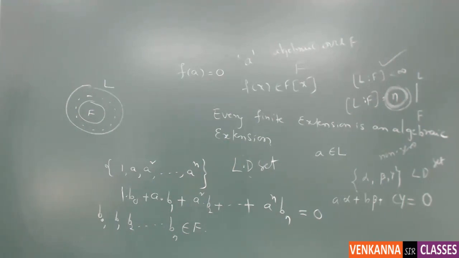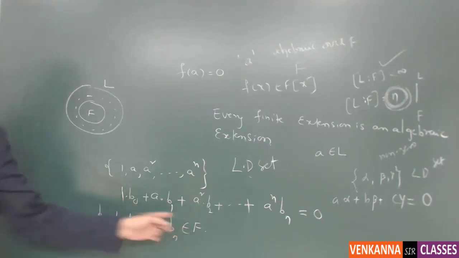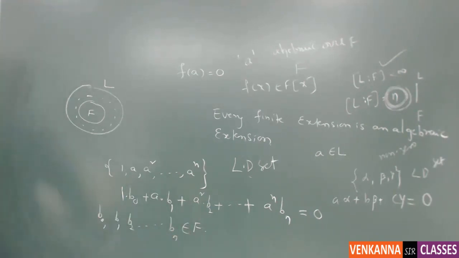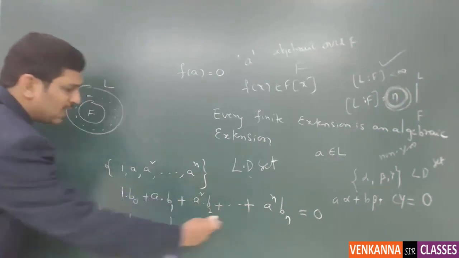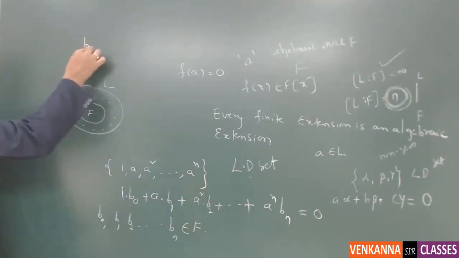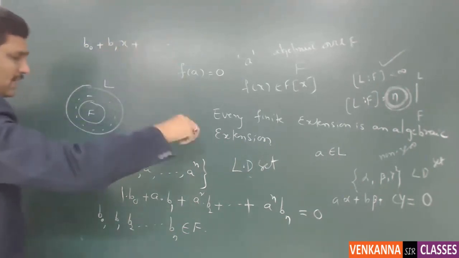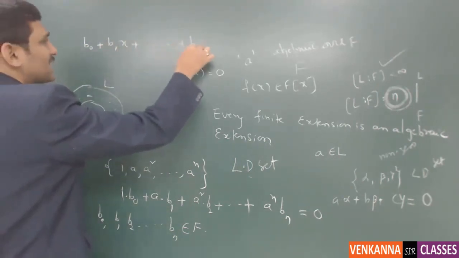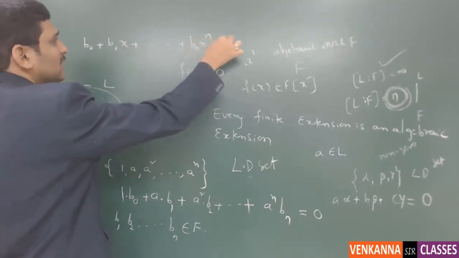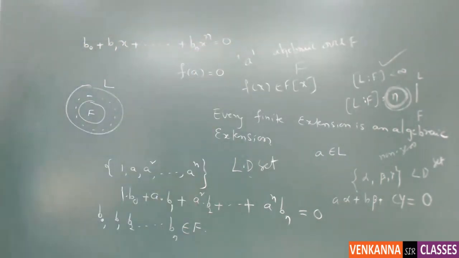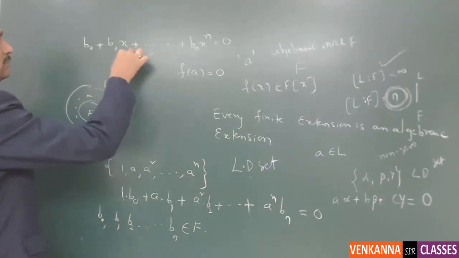Anybody has any confusion so far about what I did? Right. Now please understand, if you clearly observe, from this we can say that you have obtained a polynomial B0 plus B1x plus so on plus Bn x power n is equal to 0. For this polynomial, A is the root.